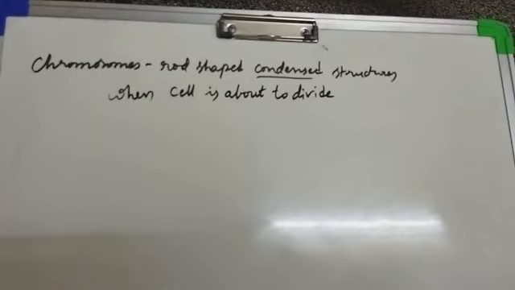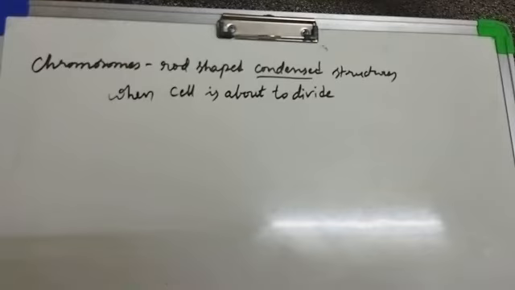The genetic material that is responsible for, or that contains information for, the inheritance of features from parents to the offspring or to the next generation is present in the form of DNA in chromosomes.